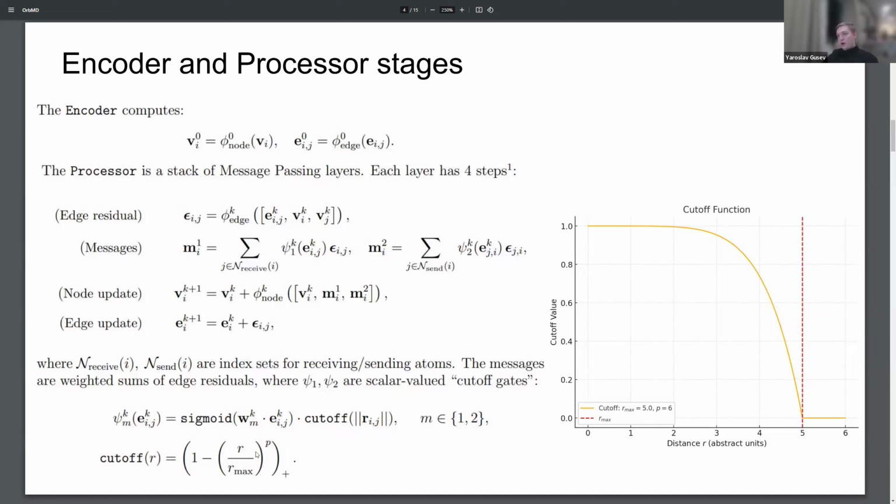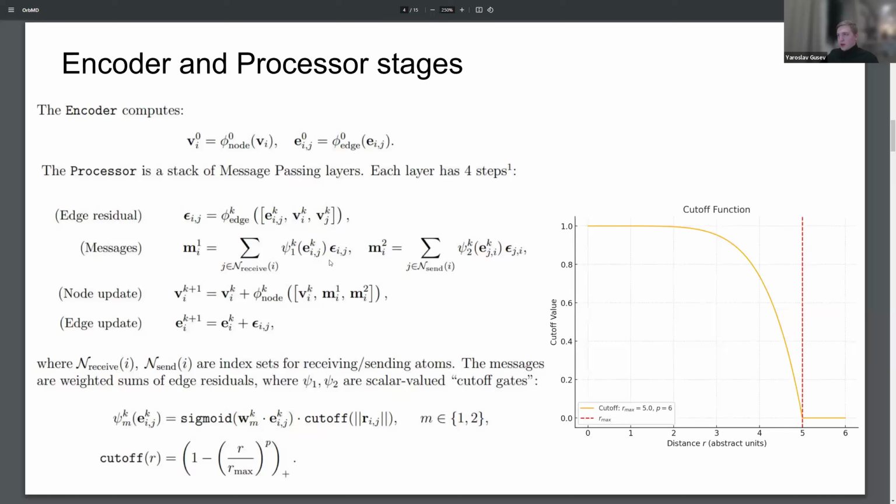The function of the cutoff is presented here, and I plot it here on the right side. They choose not a hard cutoff but a soft one, in order to make the predictions of the model continuous with respect to small perturbations of positions. Since if you have a cutoff, you can have problems on the boundary, and there might be some discontinuities.